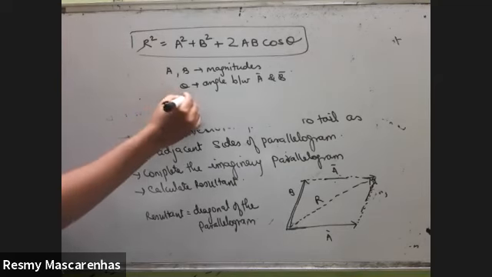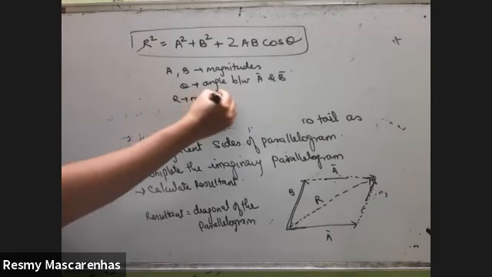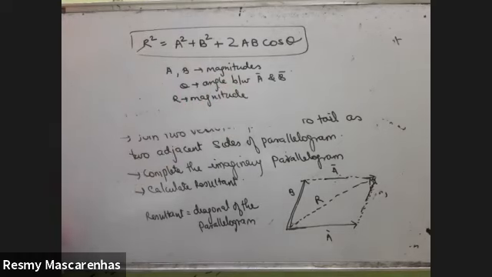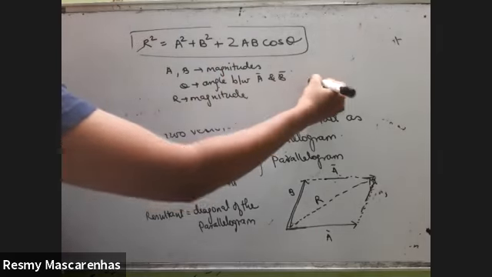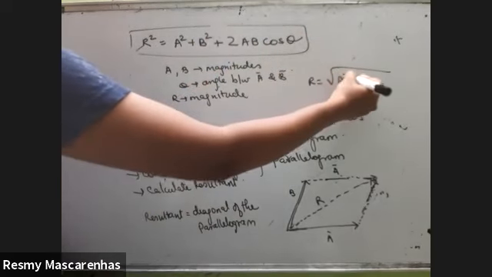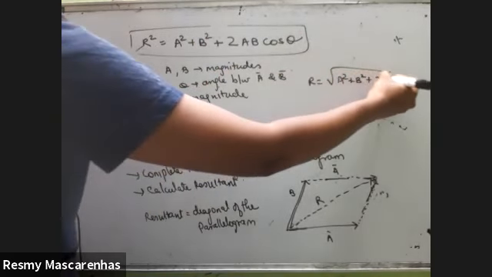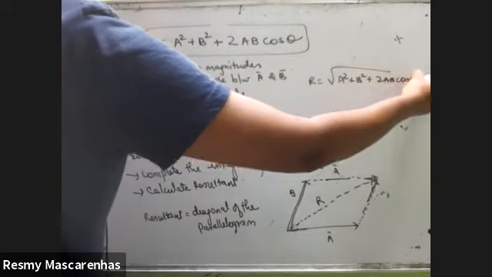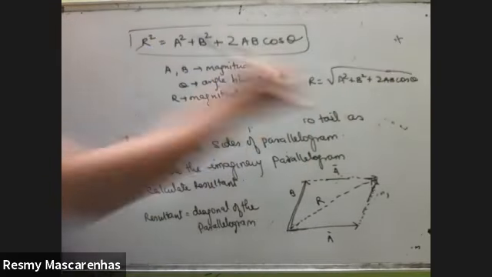R is also a magnitude. Some teachers will give you R as the root of R square, or you can also write it as the root of this; if you remove the square, the root will go here. So whichever formula, it means the same. Either you can write this or this.